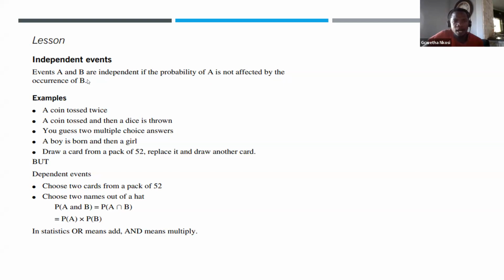I am independent of my own siblings; they are also independent. They should not be affected by whatever I do. That is why we say those events are independent of each other.